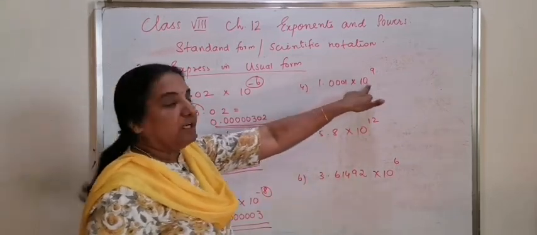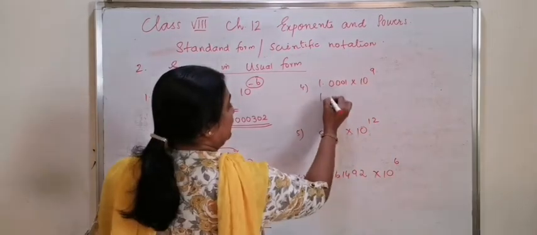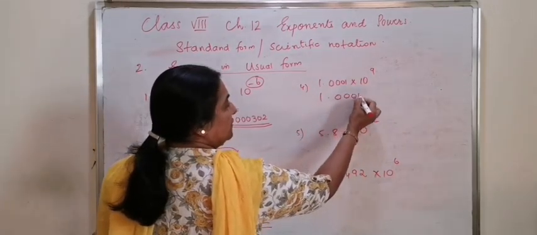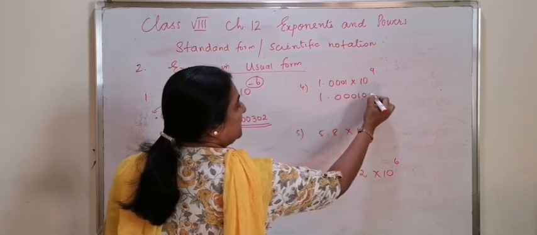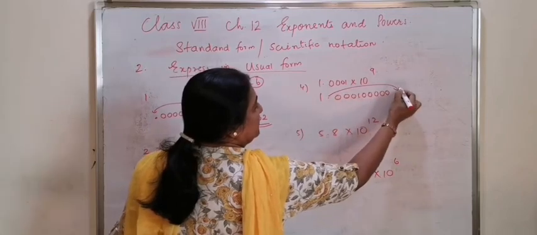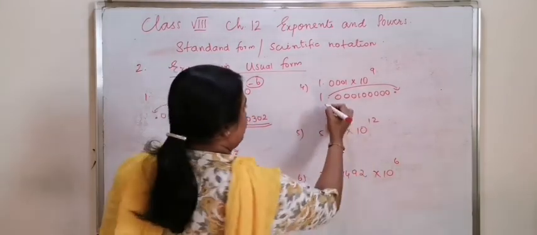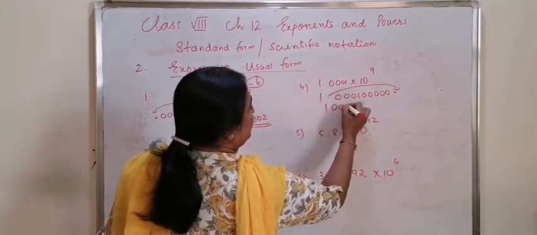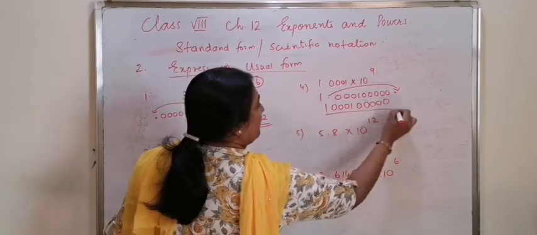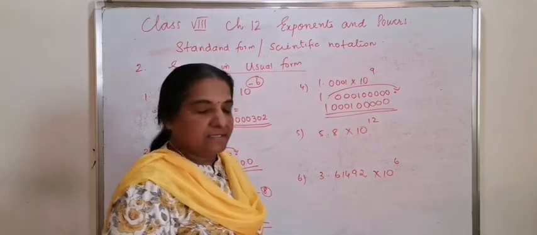Similarly here, a total of 9 places. You first write it like this and then shift 1, 2, 3, 4, 5, 6, 7, 8, 9. It will get shifted 9 places. That will be the answer.